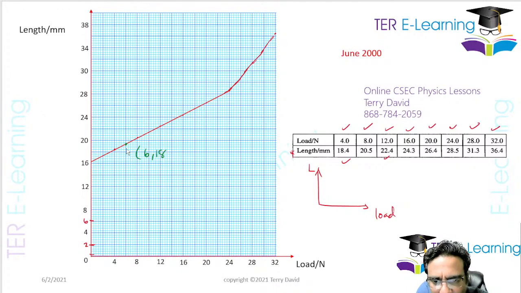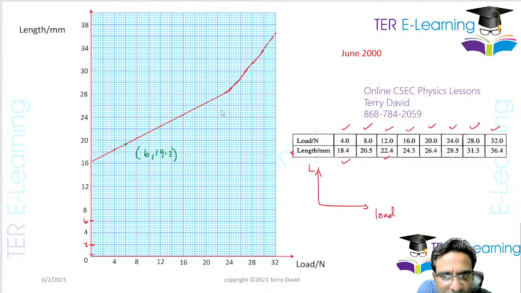Right, so 18.4, 18.8, 19.2. Yeah, actually that's not correct. Hold on. So that's about 19.2, right?